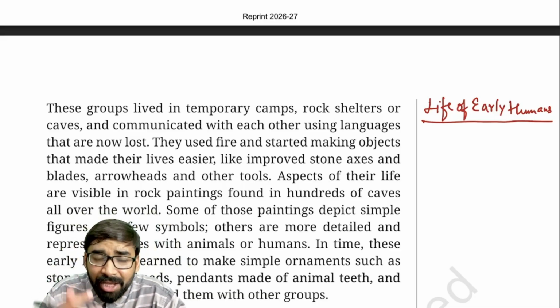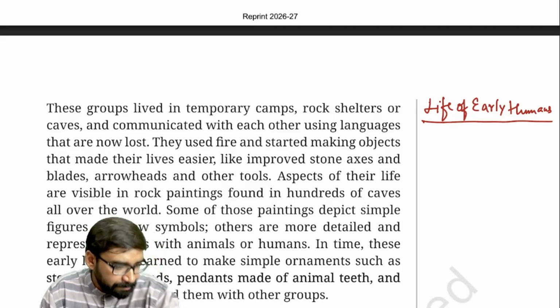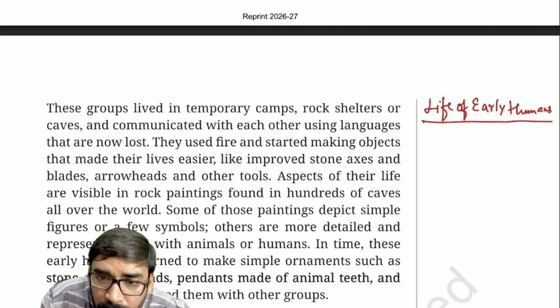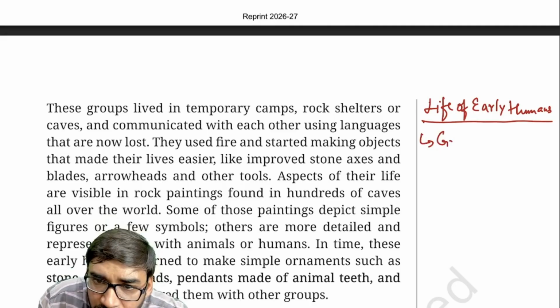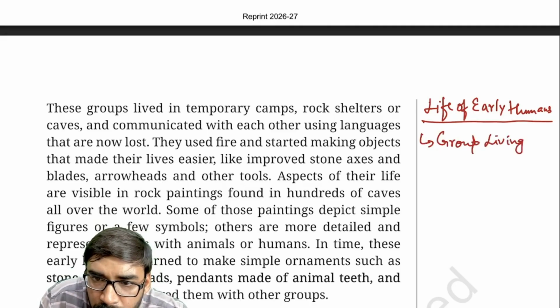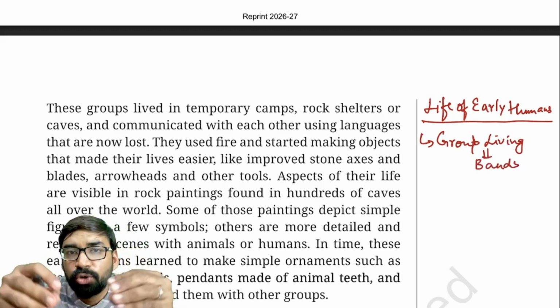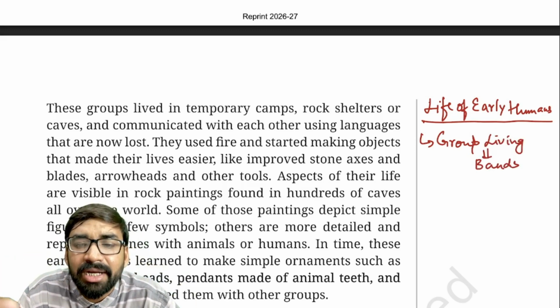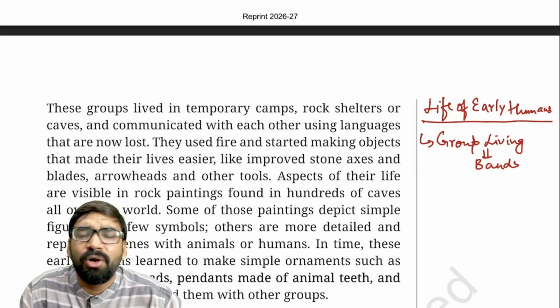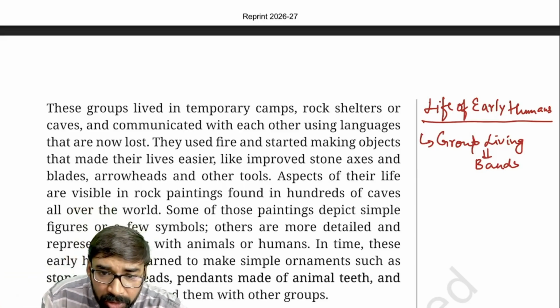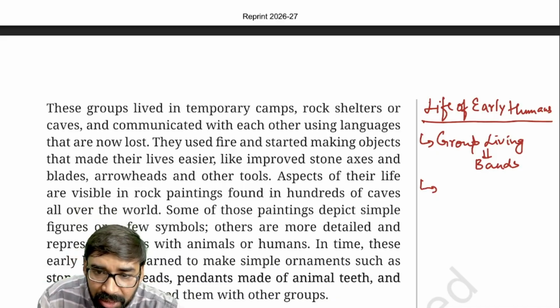So how the life of early humans used to be. Okay. First of all, they used to live in groups. Group living was there. It was small groups called bands. This group living will not be considered a society. It will be considered a band, a very small group. Okay. Second important thing, their occupation, hunting and gathering.